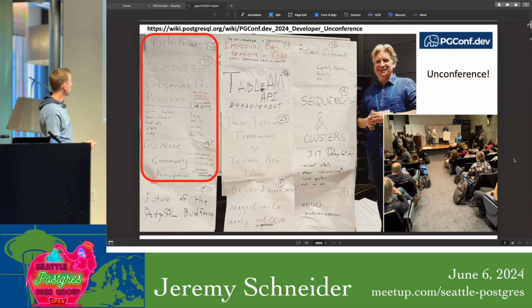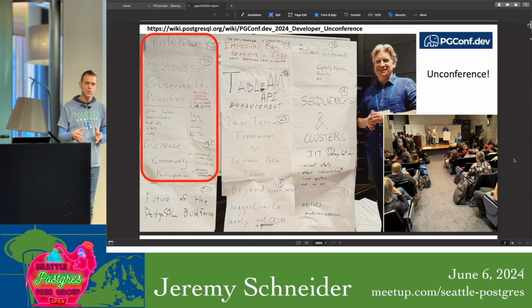The three topics that got the most votes, this was super interesting. The one topic that got by far the most votes was multi-threading. And that kicked it off. One of the first unconference sessions, I was really surprised how much interest there was.